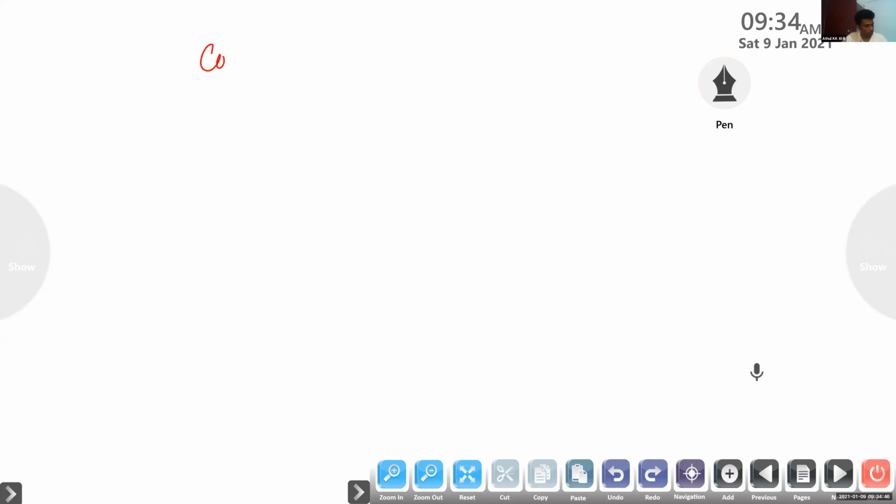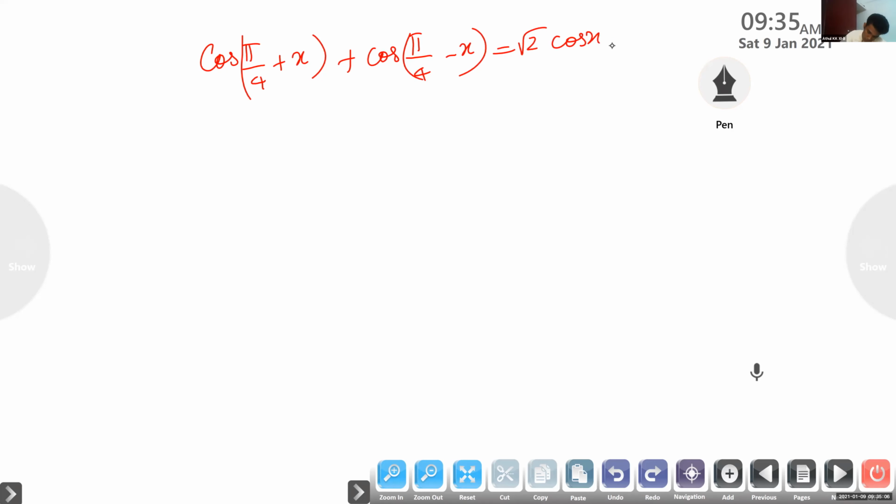Prove that cos pi by 4 plus x plus cos pi by 4 minus x is equal to root 2 cos x. Instead of 3 pi by 4, it is in terms of pi by 4. Prove that.